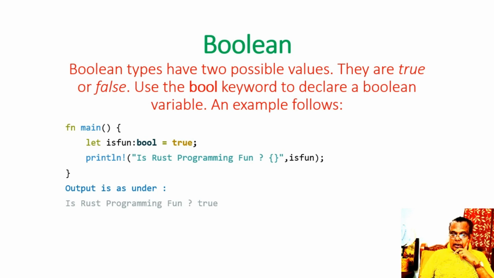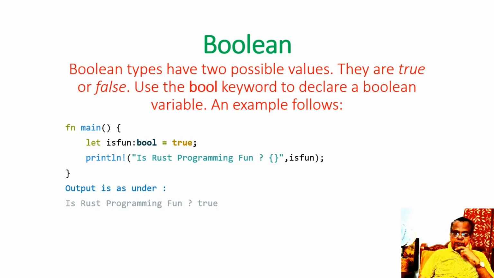After that, comma. Then we are passing the variable named is fun. Is fun is a bool variable. Close the bracket, semicolon. Next line, the closing brace.